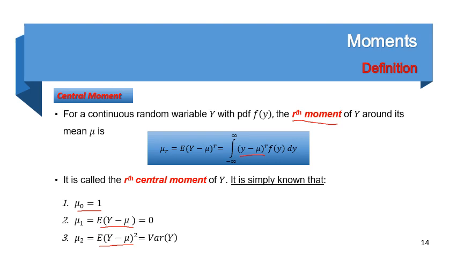The zeroth central moment is 1. The first central moment, or mu1 central, is 0. The second central moment, which we call sigma square or variance, is the variance here. So please remember these. If I give you something like these as MCQ or correct or wrong, you remember what it means or what it equals.